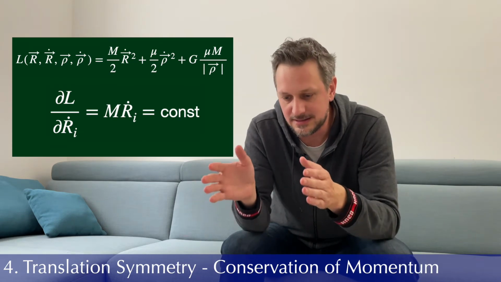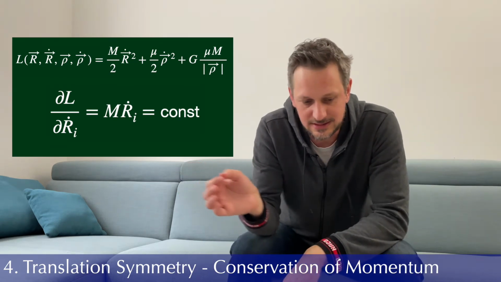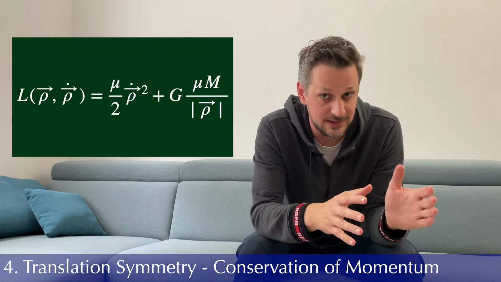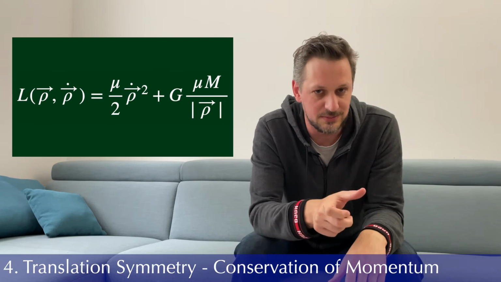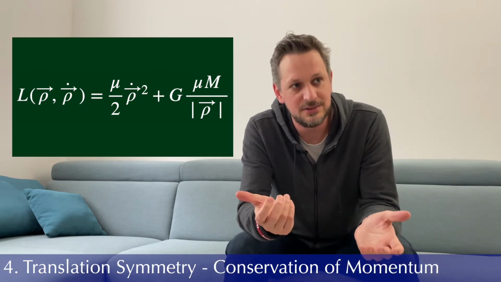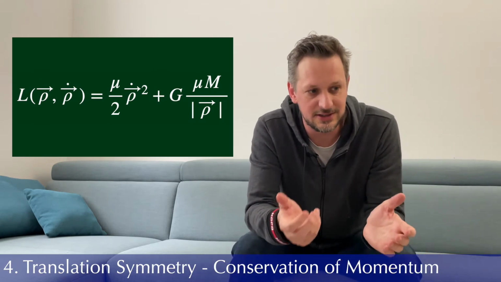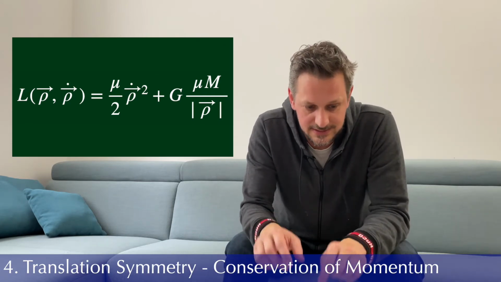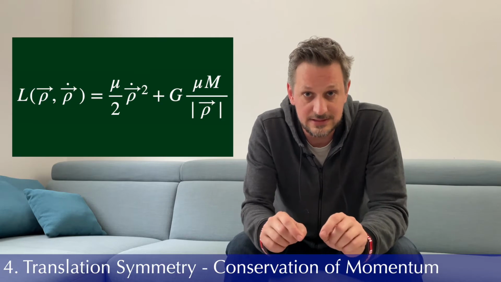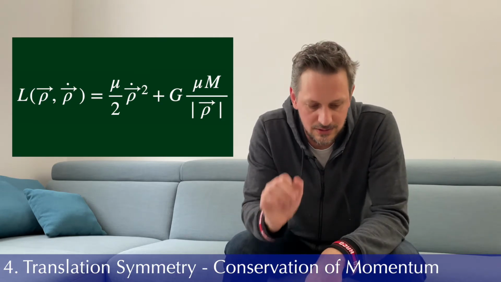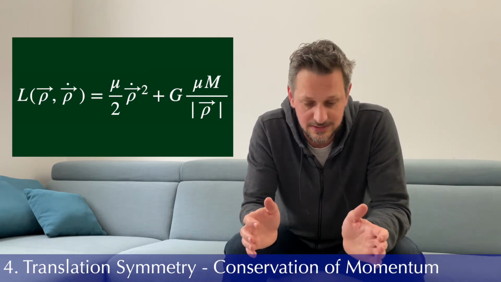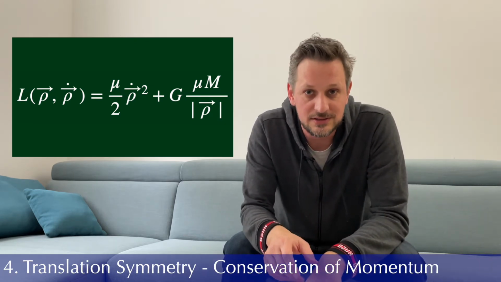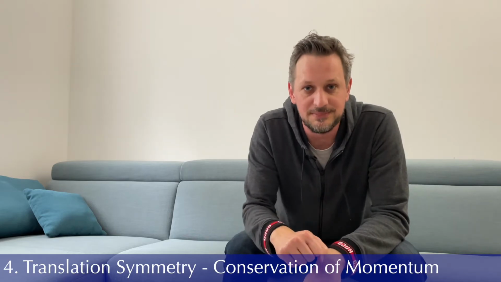It just says that the center of mass is moving with a constant velocity, while the Lagrangian of the relative coordinates contains all the interaction between the two masses, which is not surprising because physically that's where the interaction is within the system. So all we have left to solve is this Lagrangian for relative coordinates, which looks like that. What we've achieved is that we have used the translation symmetry of the system to reduce the equation to just a single body problem.